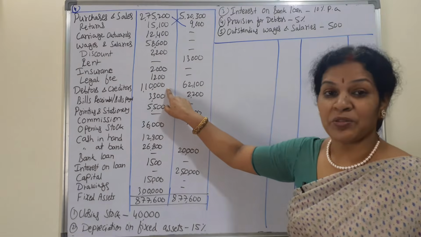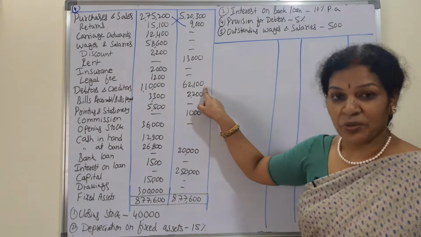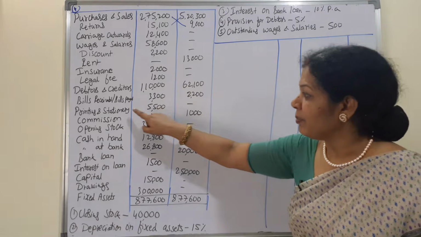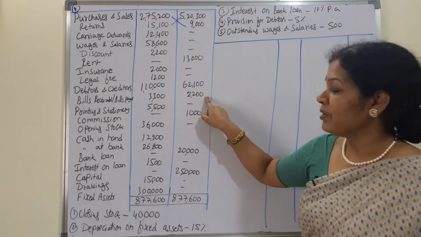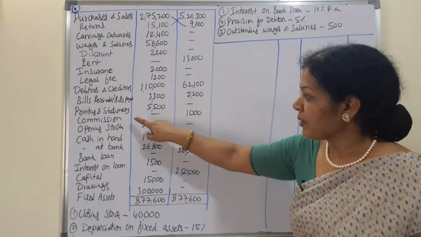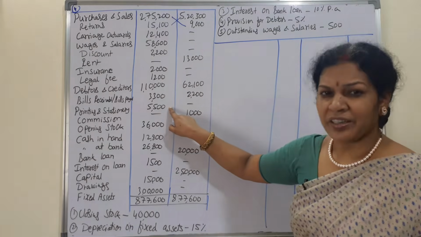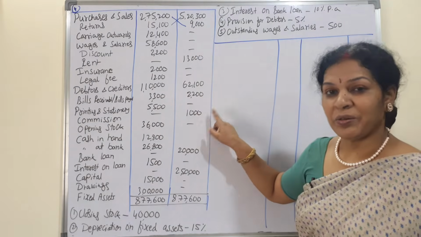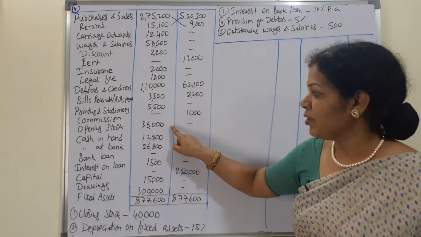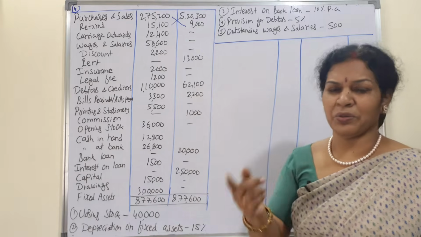Debtors 1,10,000, asset. Creditors 62,100, liability. Bills receivable 3,300, asset, and bills payable 2,200, liability. Printing and stationery, indirect expense, P&L account. Commission is given on the credit side, so in the P&L account credit side we will write it as income. Opening stock, anyway you know, is the first item in the trading account.